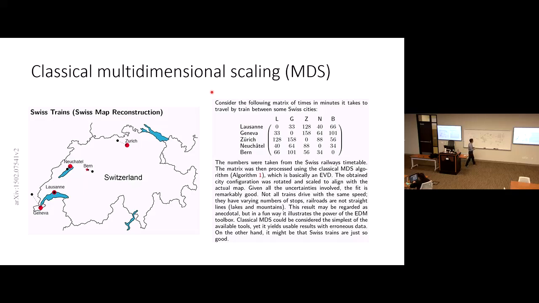So now your job is, if I give you this, I'm not going to give you the map. I give you the distance matrix, a table. Can you reconstruct this map, the relative positions of the cities, from the distance matrix?